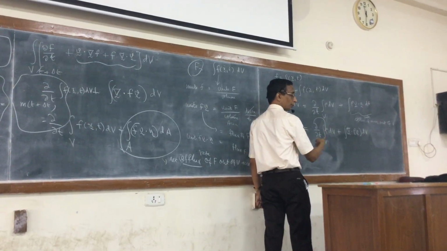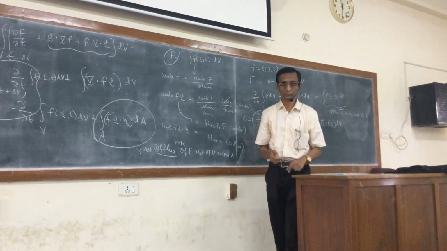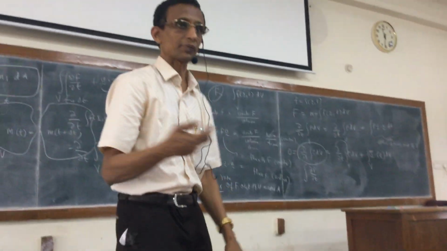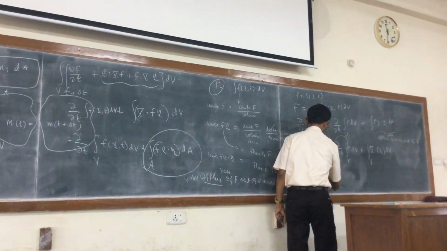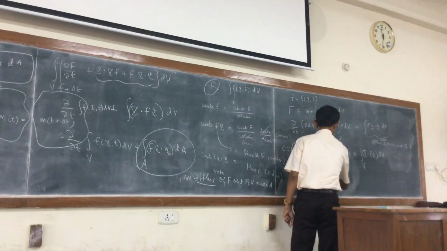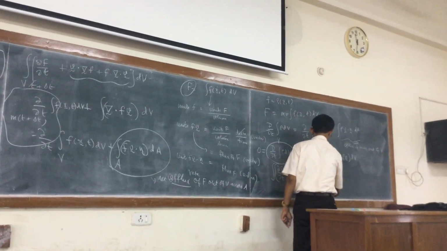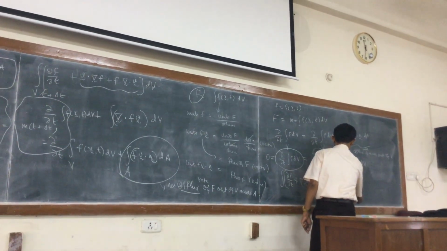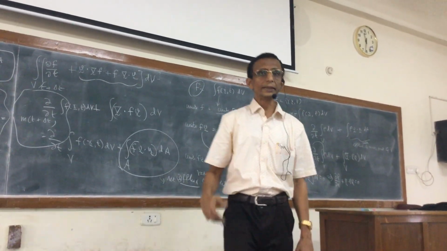I'm going to combine the two because they are both over the same volume V. One has d rho by dt, another has the divergence of rho times b. So from this I will conclude that the integrand itself is zero.